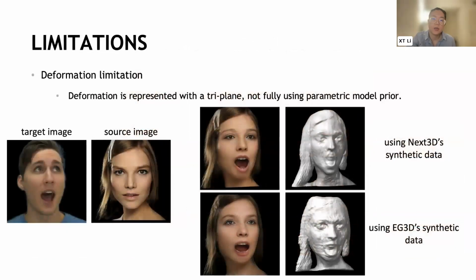One limitation we observed in our model is the inferior deformation for some rare expressions, such as the wide jaw opening. We found that if we use some better synthesized data, for example, if we replace the data from a static GAN model with a dynamic GAN model, then this limitation can be largely addressed.